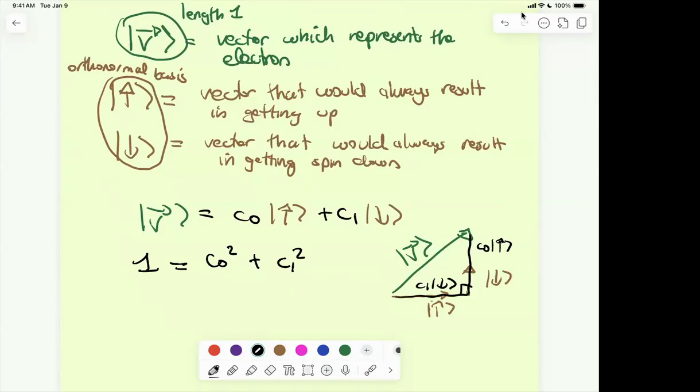Otherwise you would have to put the modulus squared, but you can ignore that.